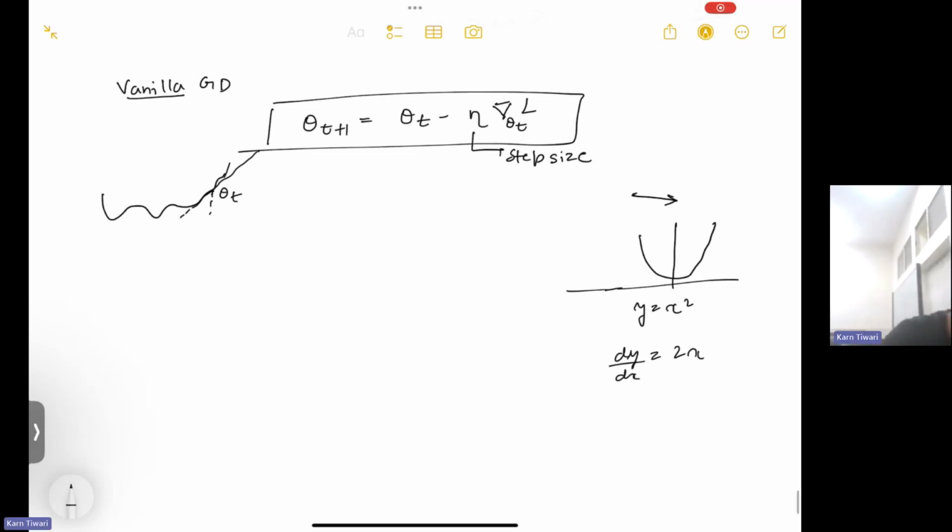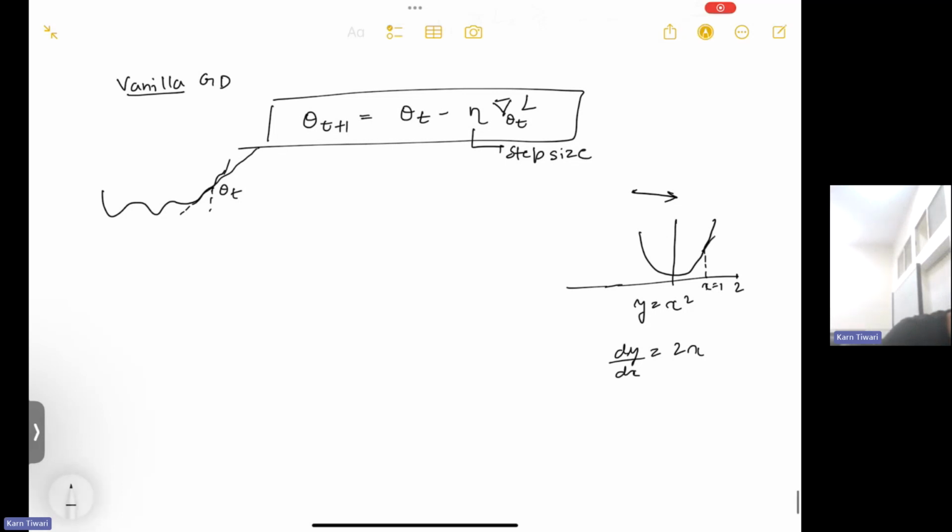If I am at the point x equal to 1, then 2x, the gradient there, will be 2. So it's telling us that we should move towards 2, that is away from the minima. The minima in this case is 0.